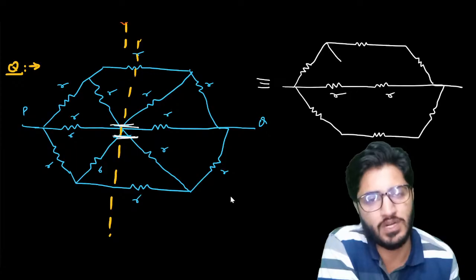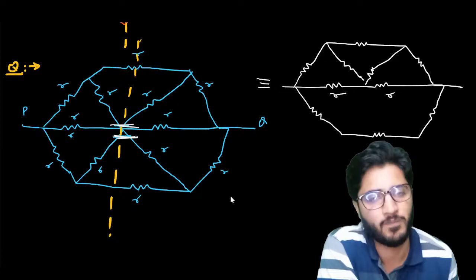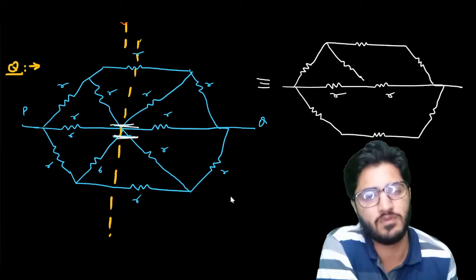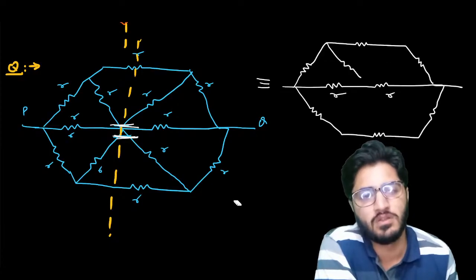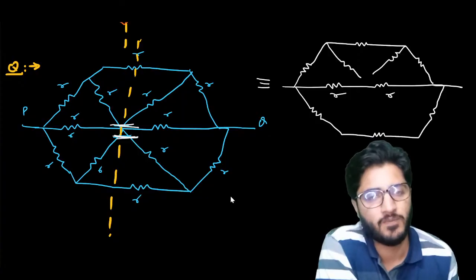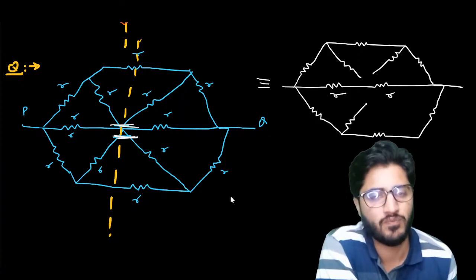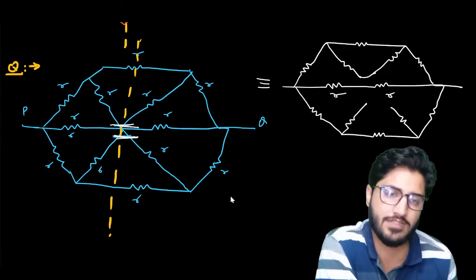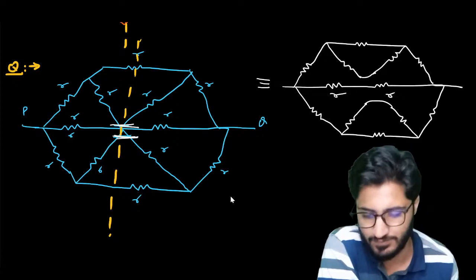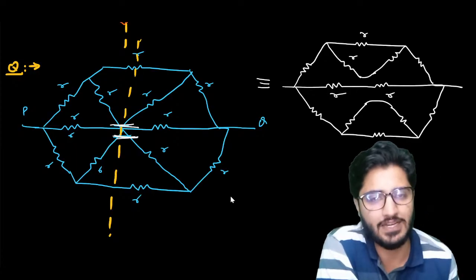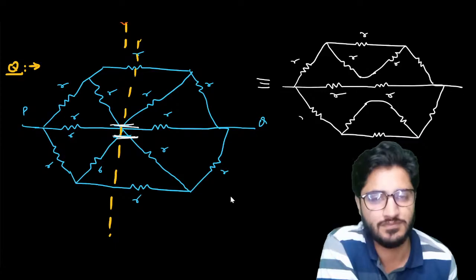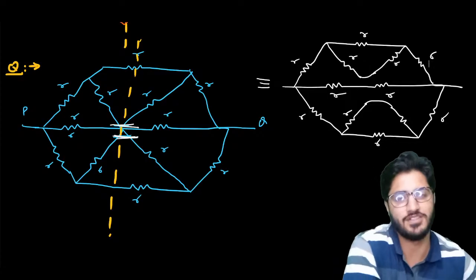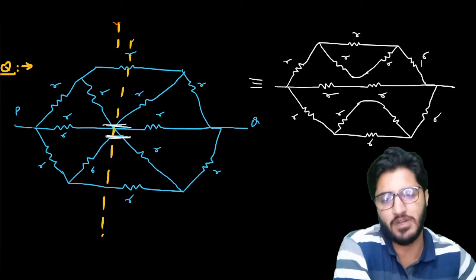So look now, this one gets cut like this, and we get something like this, with every resistor R. You can see there is a difference between the previous one and this one.